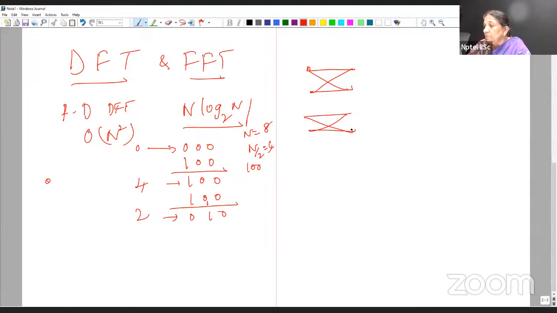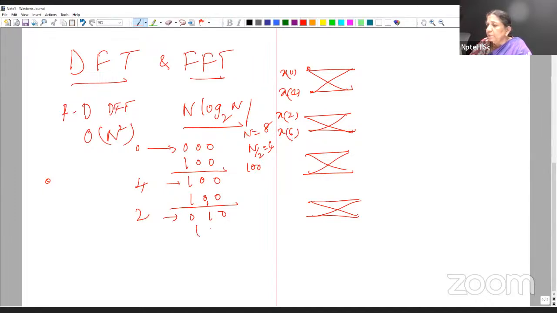If you have it stored in continuous form, it will be x of 0, x of 4, x of 2, and then x of 6.